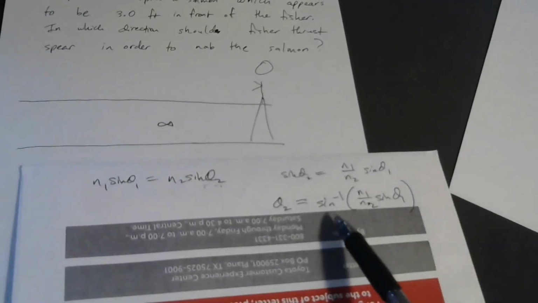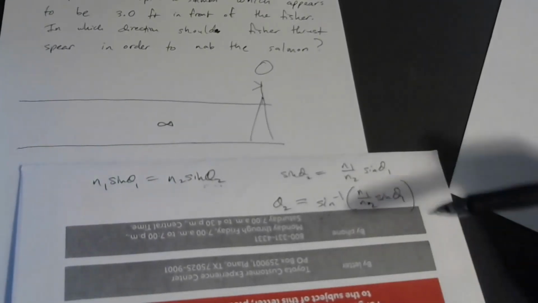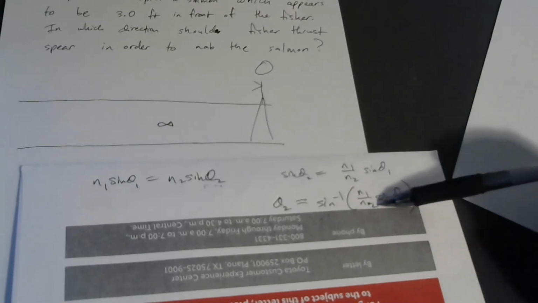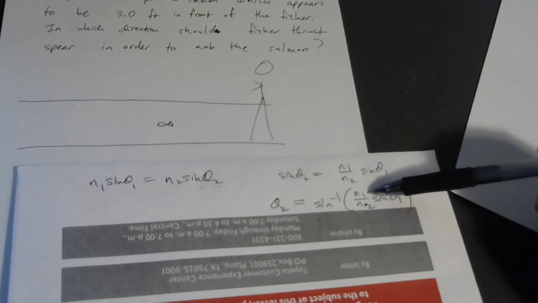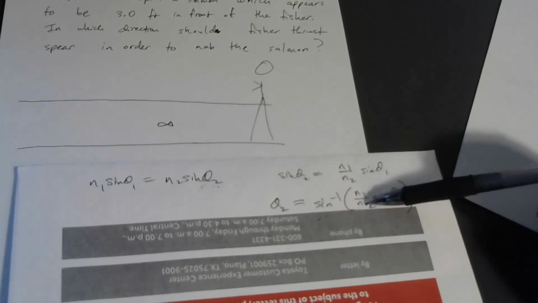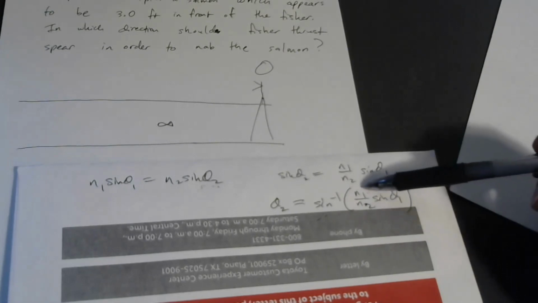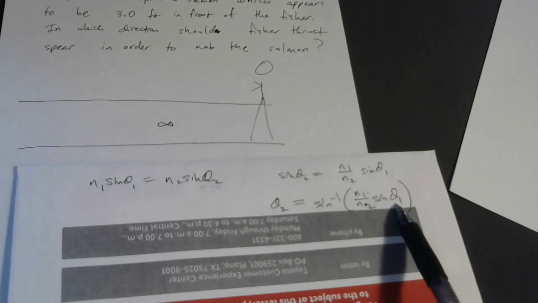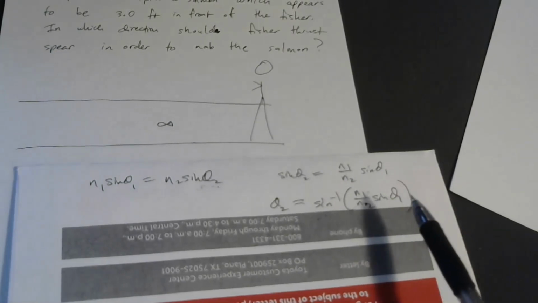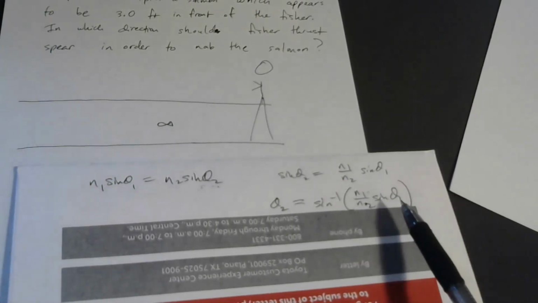sine of theta 1. And it's not necessarily worth memorizing this, but what matters is if we're going from water into air, we know that the index of refraction for water is about 1.33, and that for air is 1. So this is a ratio greater than 1. That means we've scaled up the sine of theta 1 to a number bigger than sine of theta 1.